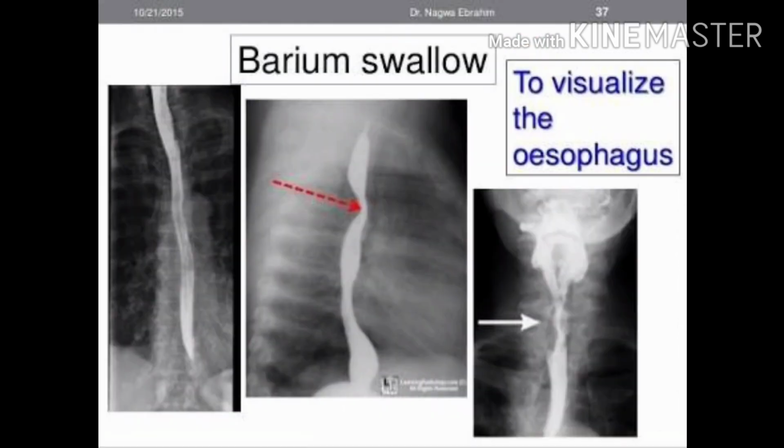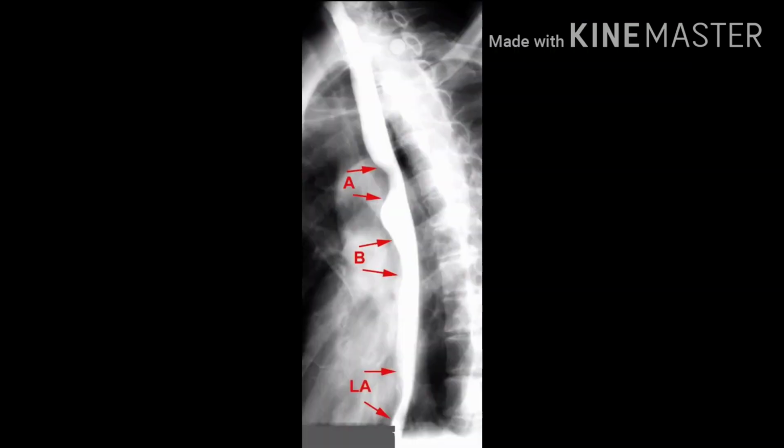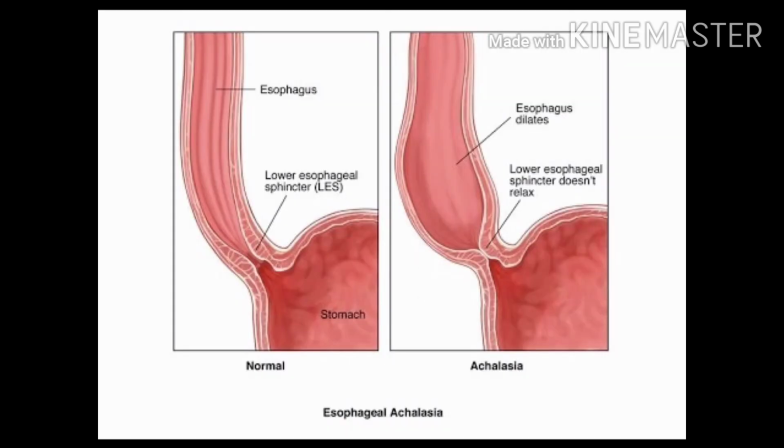The radiological examination of the esophagus is done by the barium swallow to detect enlargement of the left atrium due to mitral stenosis and esophageal strictures and carcinoma and achalasia cardia.